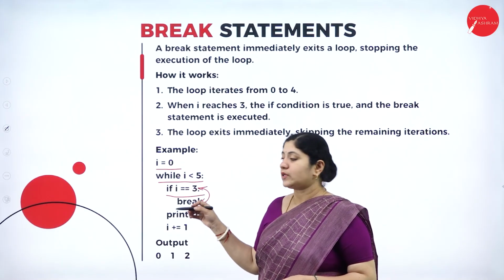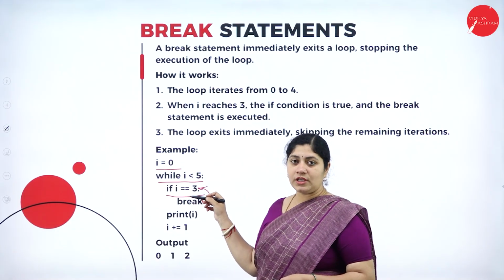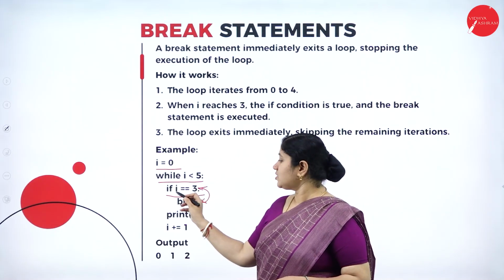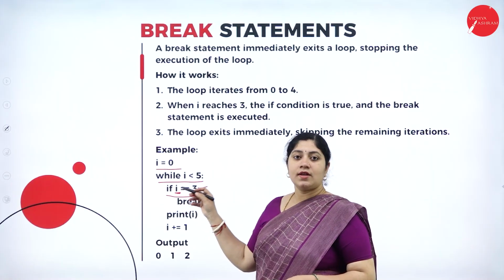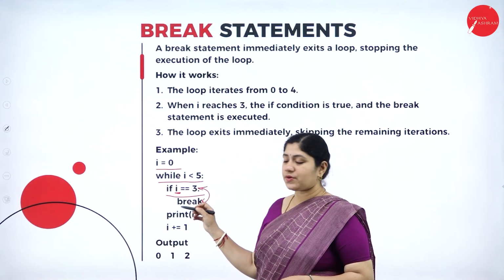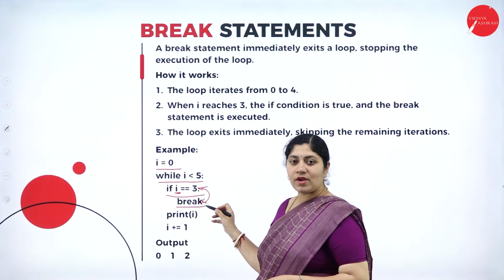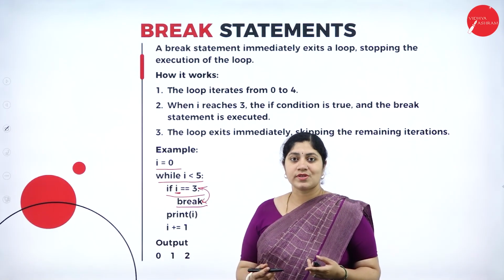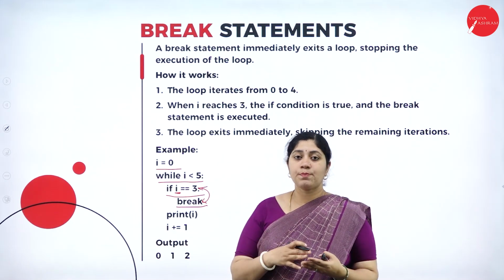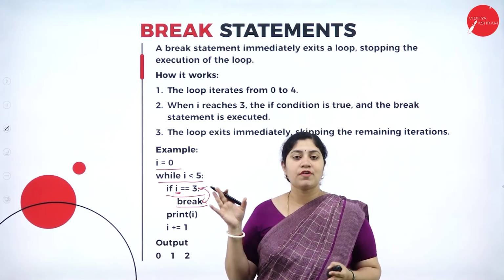Next, the if i equals 3 statement will be verified, and when i reaches 3, then what happens? It has to stop its execution because there is a break statement here. Next, the loop is exited immediately, skipping the remaining iterations if any.